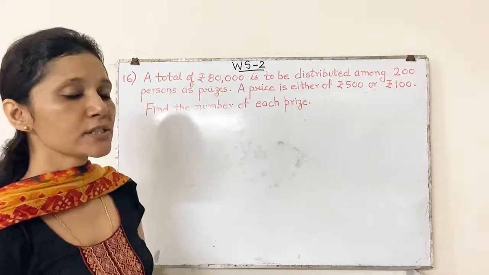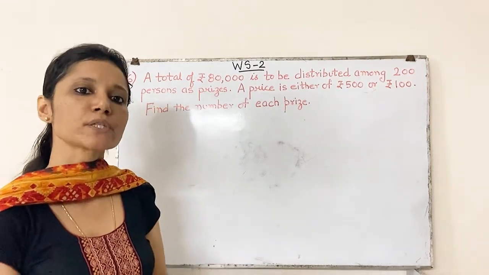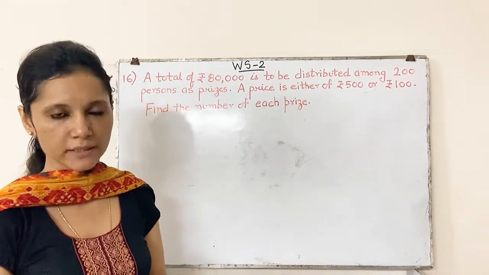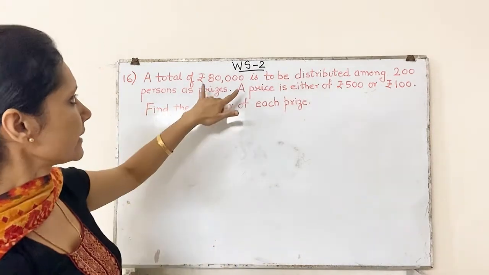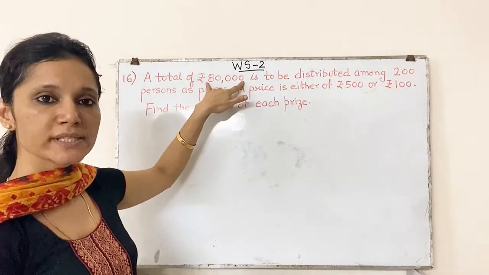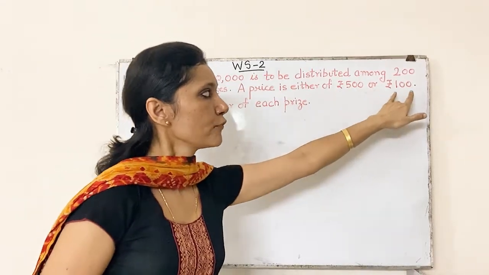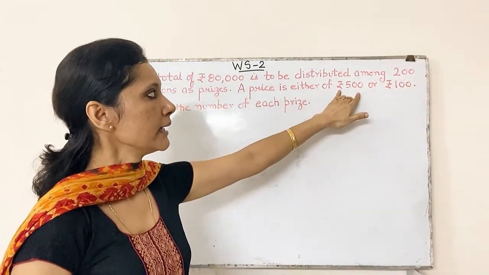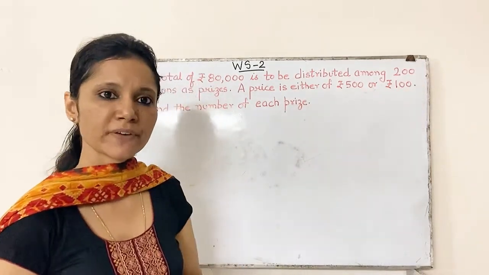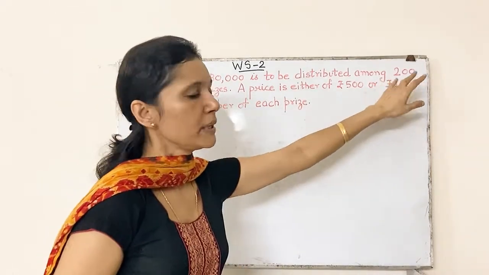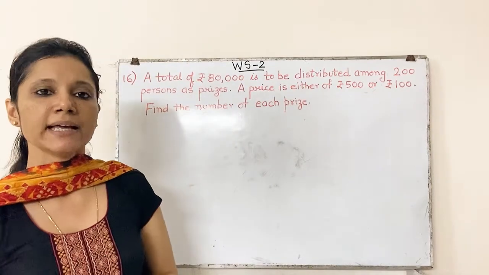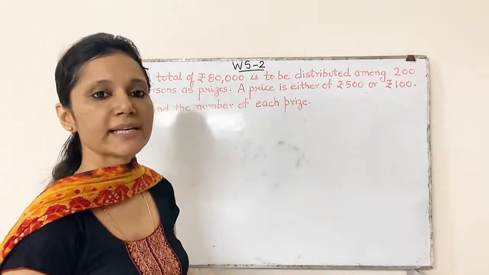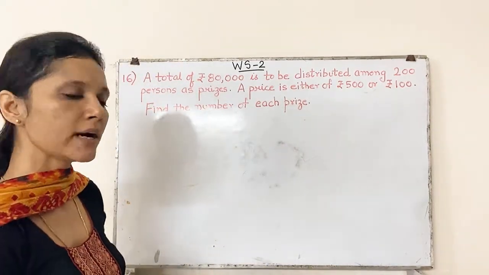Now this question is similar to the previous questions of denominations that we did. Similarity is that there also the total amount was given and the type of notes were given to us. The only difference here is we are given the type of the prizes. Fine. So now if 200 people are getting the prizes, that means the total number of prizes distributed are also 200.